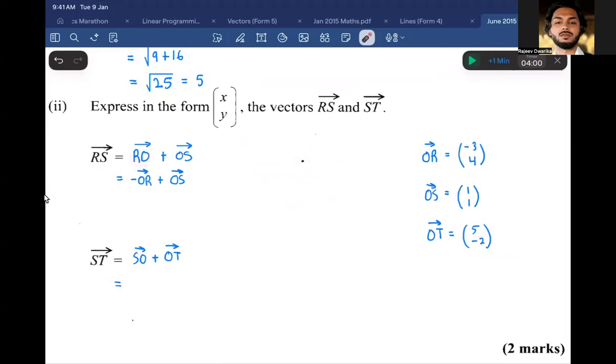So RO is the same thing as OR, but with a negative sign in front, because the negative sign changes the direction from O to R to R to O. Let me know if that confused you. I understand. So Ivan, if I had minus SR, that'll be equal to what vector?